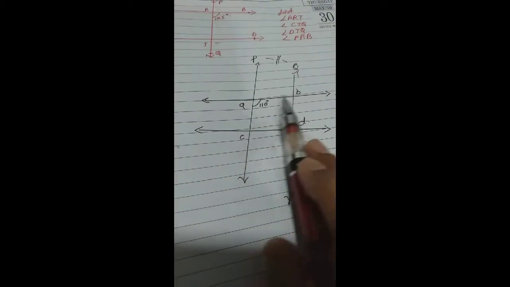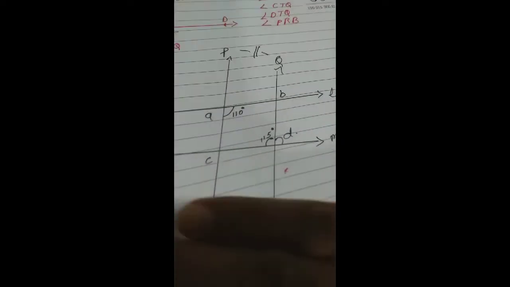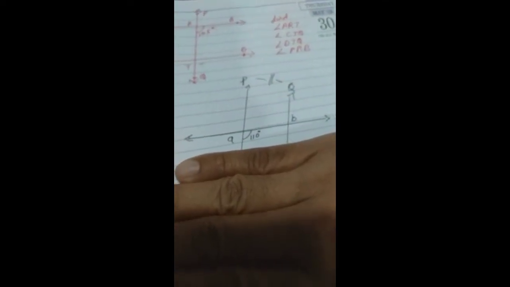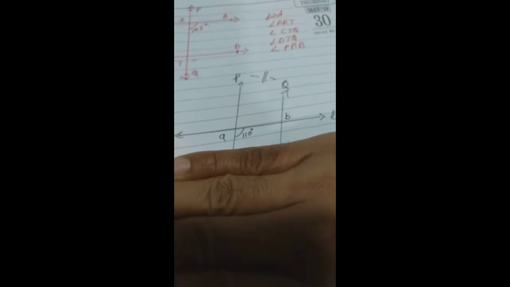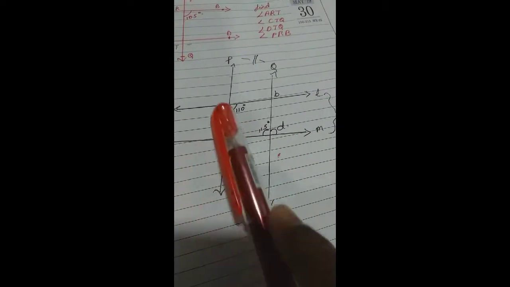Let's start with the first case. Every time while solving this, we have to cover one transversal and look at only half the picture, where lines P and Q are parallel and L is the transversal. Right now you have to focus only on this portion. Ignore this other transversal.